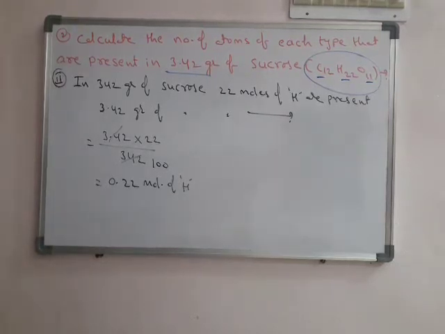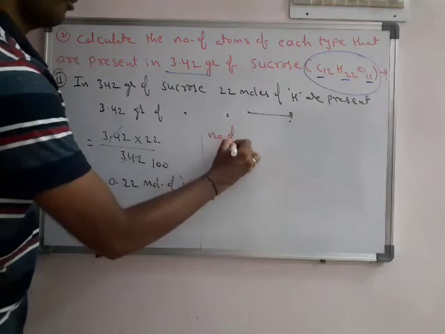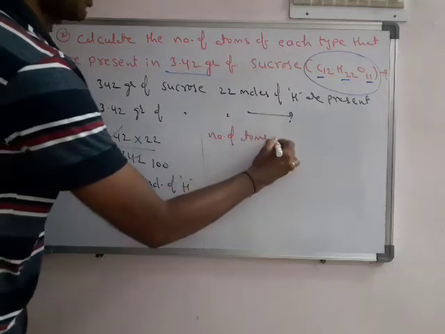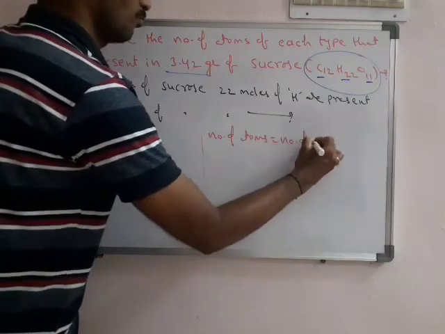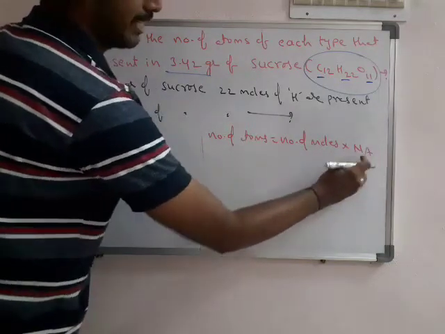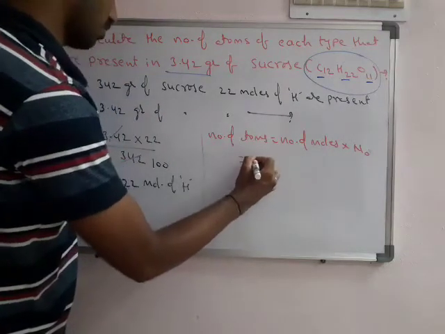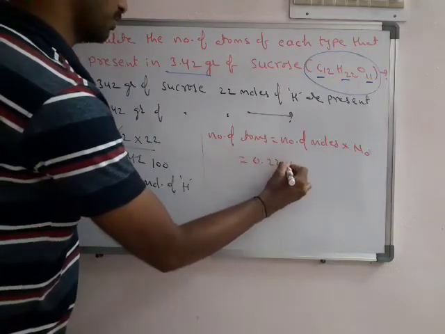We need to convert it into number of atoms. Again same. We know the formula that number of atoms equals number of moles into Avogadro number, Na, N naught, simply N. We can write. Okay, number of moles, how many you got? 0.22.